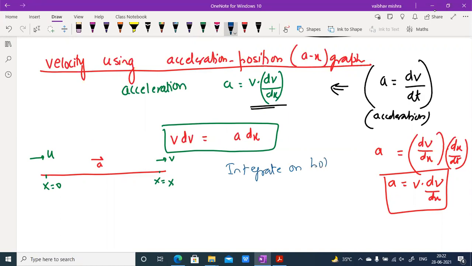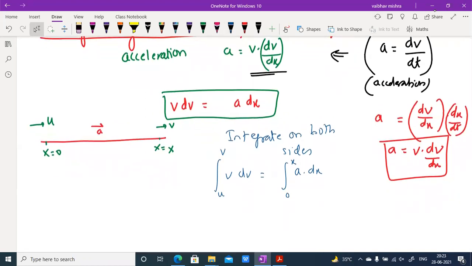Integrate on both the sides. Integration of v dv is equal to integration of a times dx. Here on the right we are integrating from 0 to x, on the left hand side we are integrating from u to v. Initial velocity u, final velocity is v. Right?